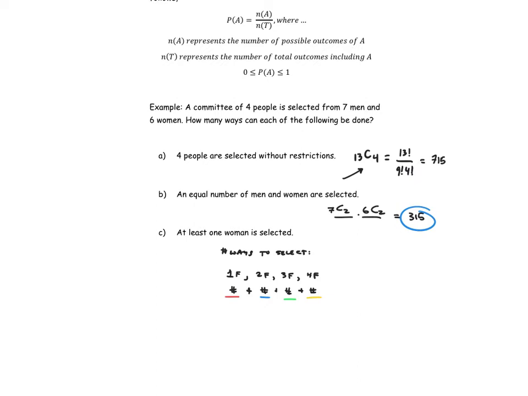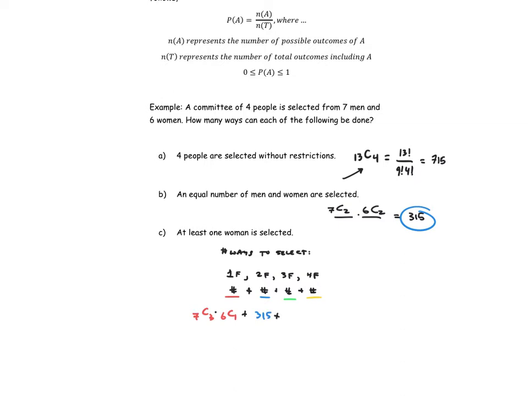Okay, so this would be 7, number of males chosen would be 7C3 times 6C1. That would get us our red answer. Our blue answer we already know, 315.